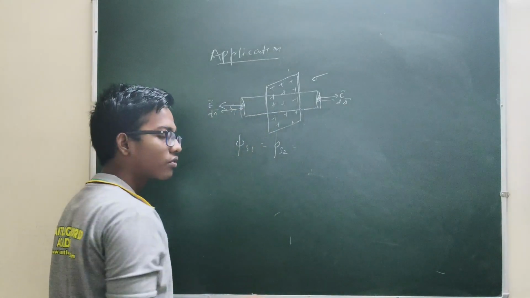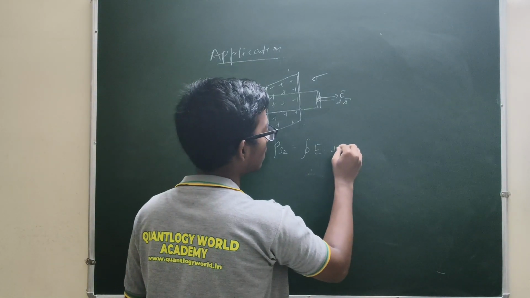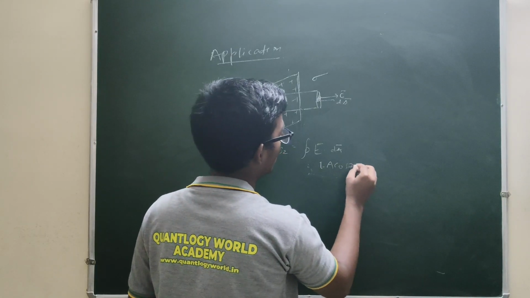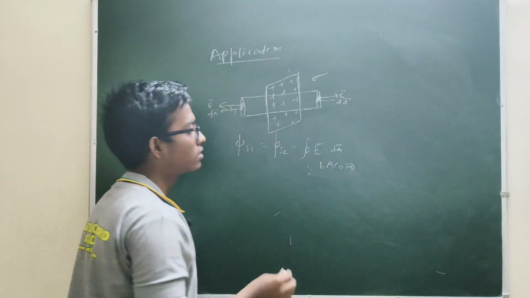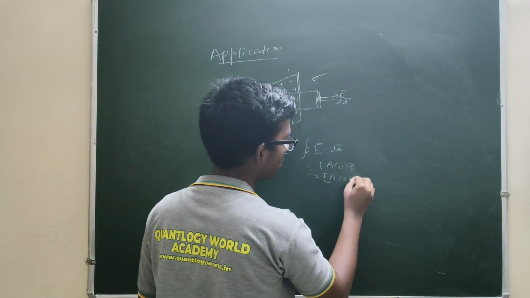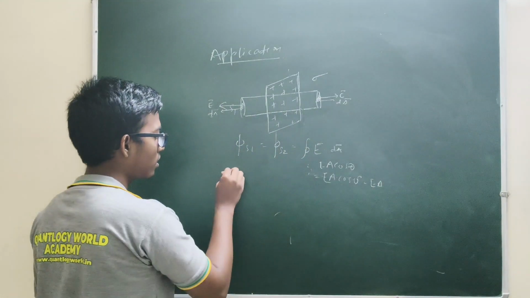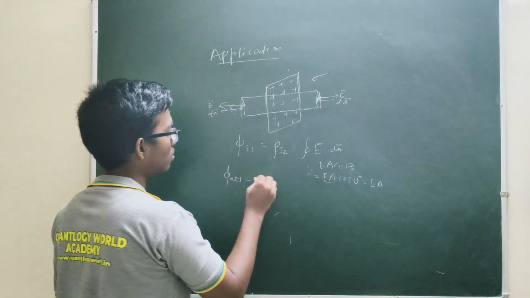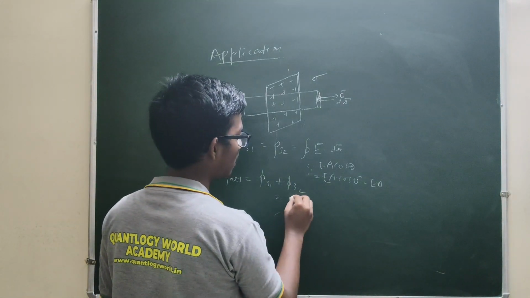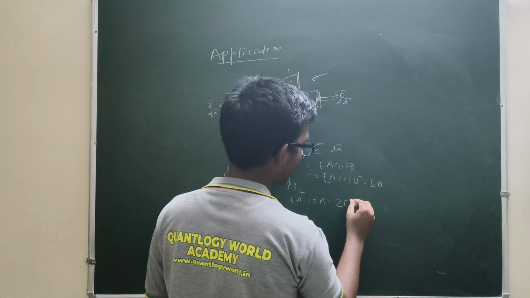Therefore, flux through surface 1 and surface 2 will be closed integration of E dot dA, that is EA cos theta, and since they are parallel, the angle between them is 0 degree, so EA cos 0 degree is equal to EA. So net flux will be flux S1 plus flux S2, that is EA plus EA, equal to 2EA.